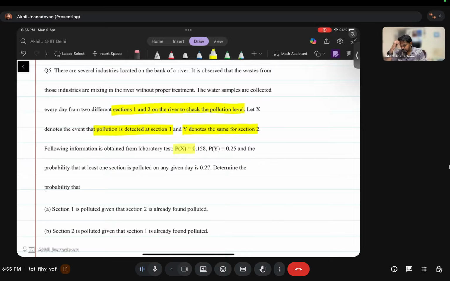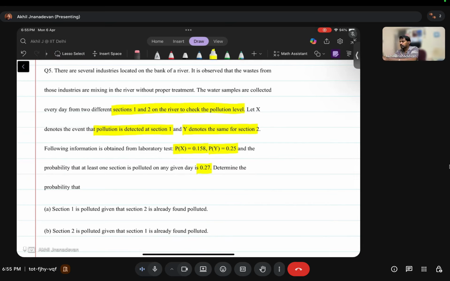The following information is obtained from the laboratory test. P of X, the probability that pollution is detected in section 1, is 0.158, and pollution detected in section 2 is 0.25. The probability that at least one section is polluted, either one or two, the union, is 0.27.